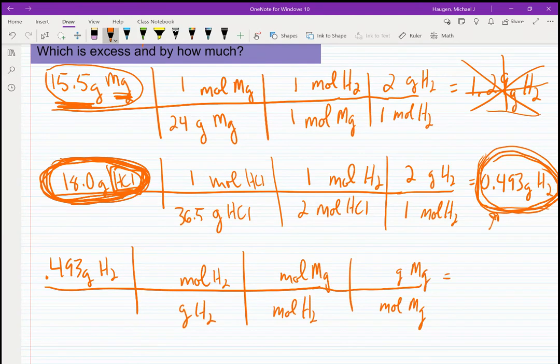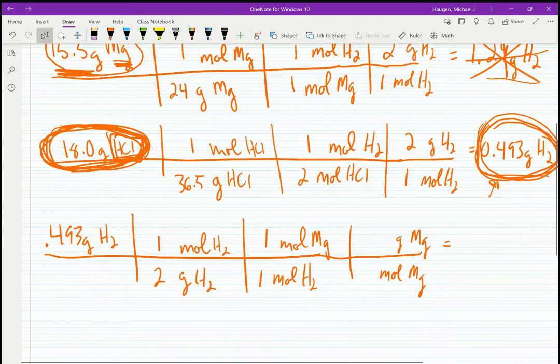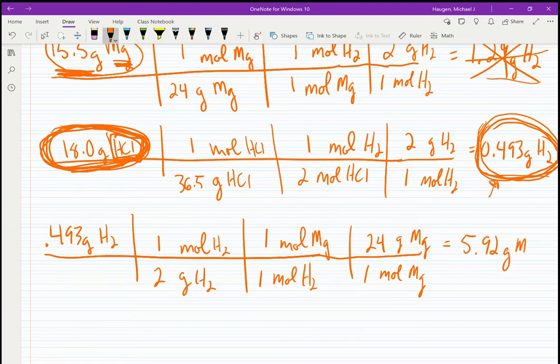And I already have these numbers above, so it makes it pretty quick. 1 mole is 2 grams. It is a 1-to-1 ratio from the top that we saw. And then 1 mole of magnesium is 24 grams. So when I do that calculation, I end up with 5.92 grams of magnesium. Okay?